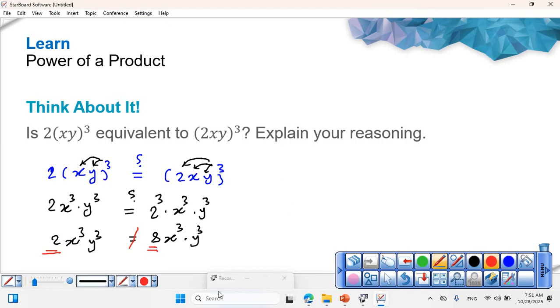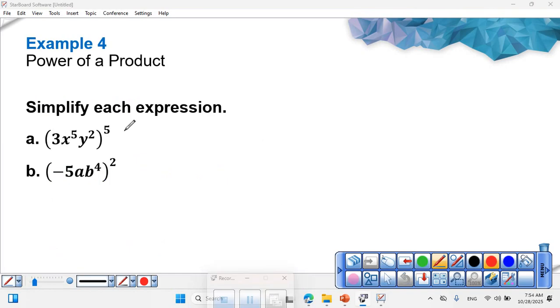Let's move to the next question. As you see here, we have 2 questions. The question is: simplify each expression. The first step, you should distribute this power to each component inside the bracket, for this and this and this. As you see here, it's easy.